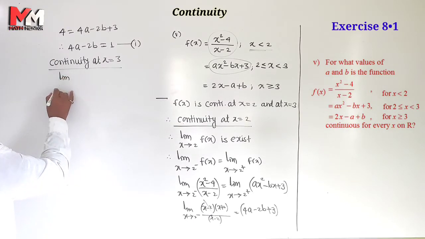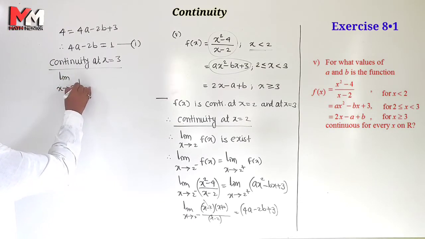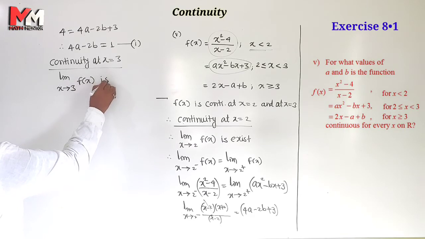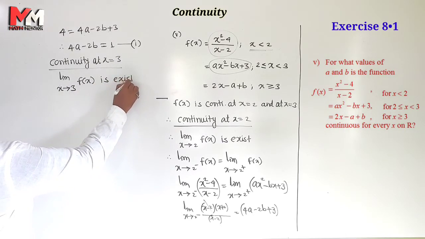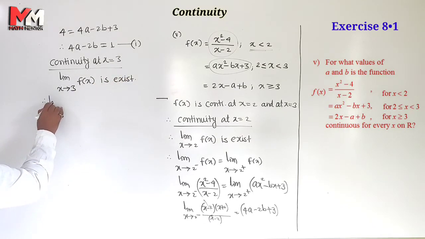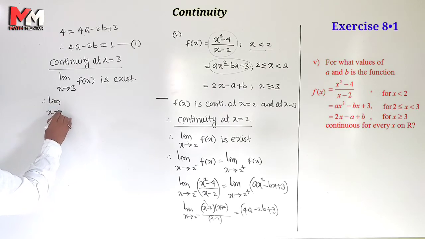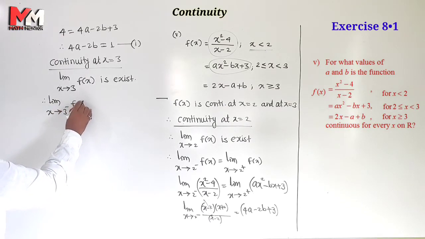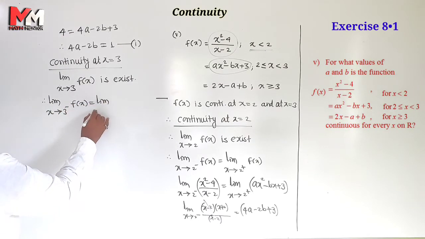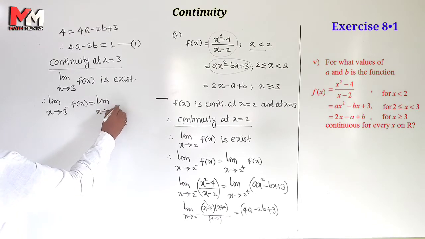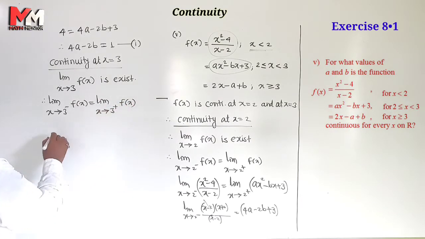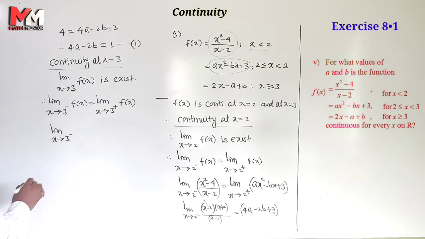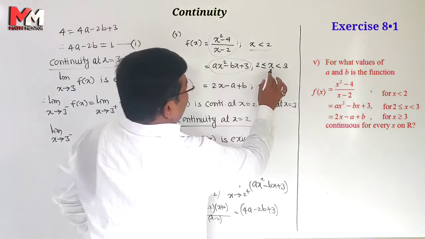For at x is equal to 3 के लिए limit x tends to 3 of f of x exists. So it means limit x tends to 3 minus f of x is equal to limit x tends to 3 plus f of x. Limit x tends to 3 minus. So x is less than 3.